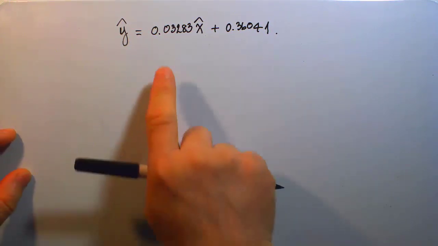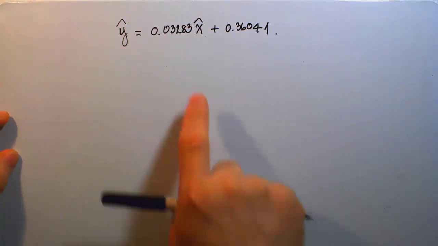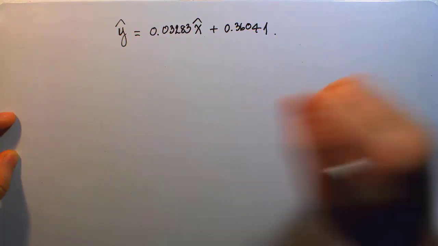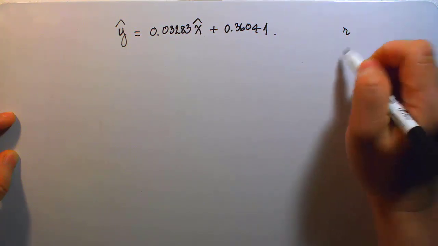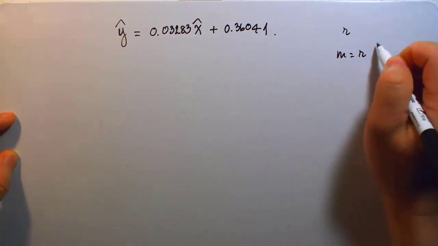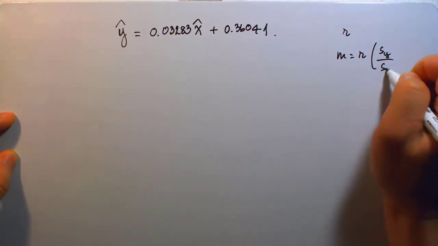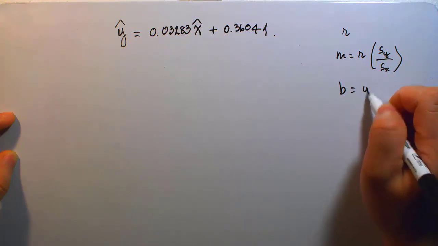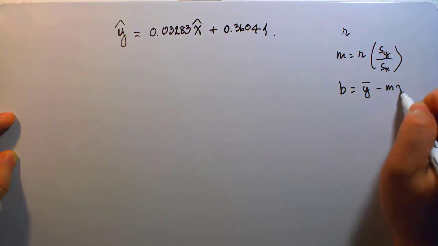And before I proceed further, I actually have to admit that I used the slope and the y-intercept value that came through the calculation: r, and then m equals r times sy over sx, and b was y bar minus m x bar.